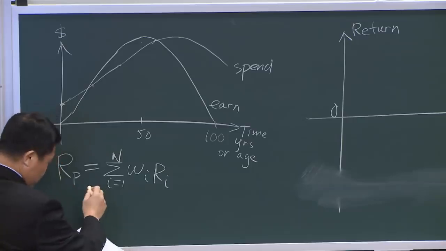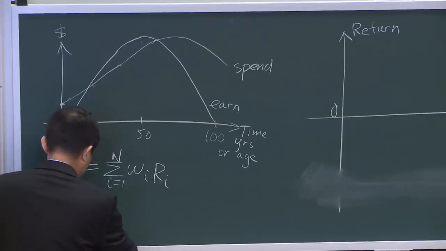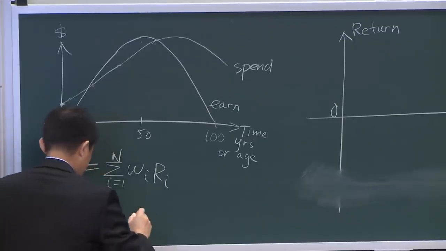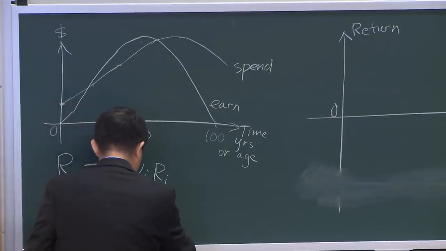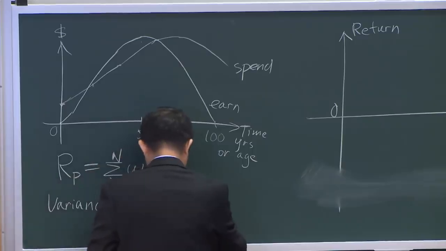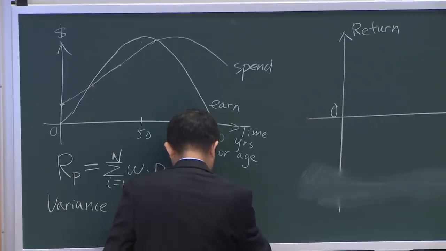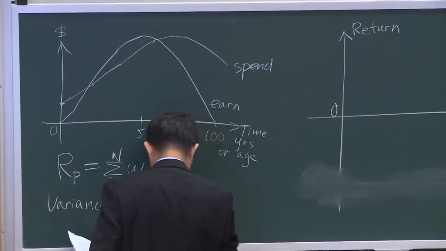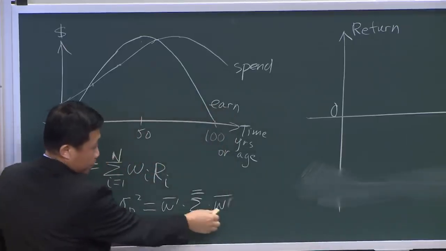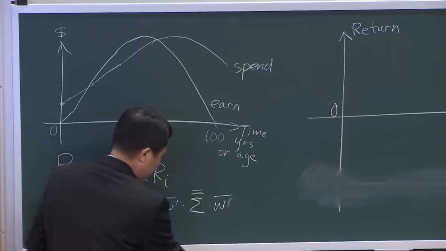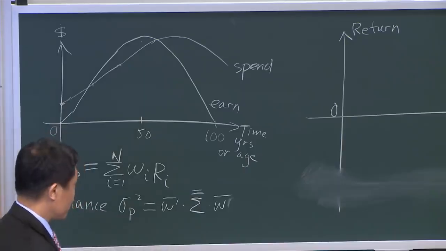Then let's just look at the variance, sigma p squared. These are vectors, and this is a matrix. The one in the middle, sigma, is a covariance matrix. That's all you need to know about the math at this point.